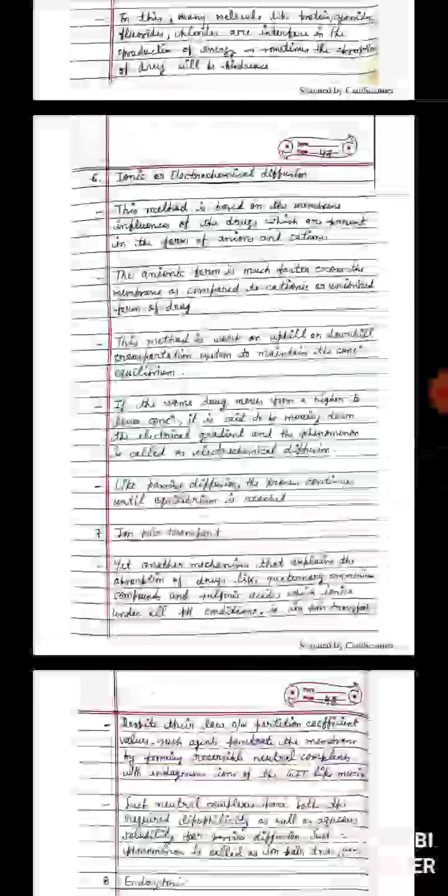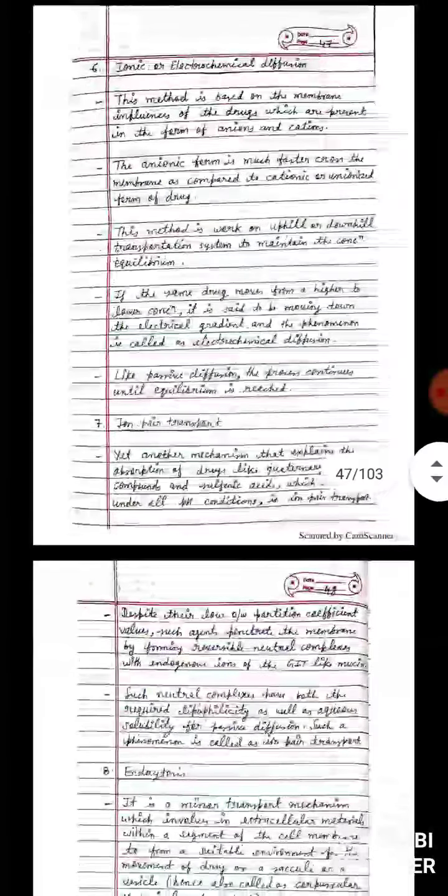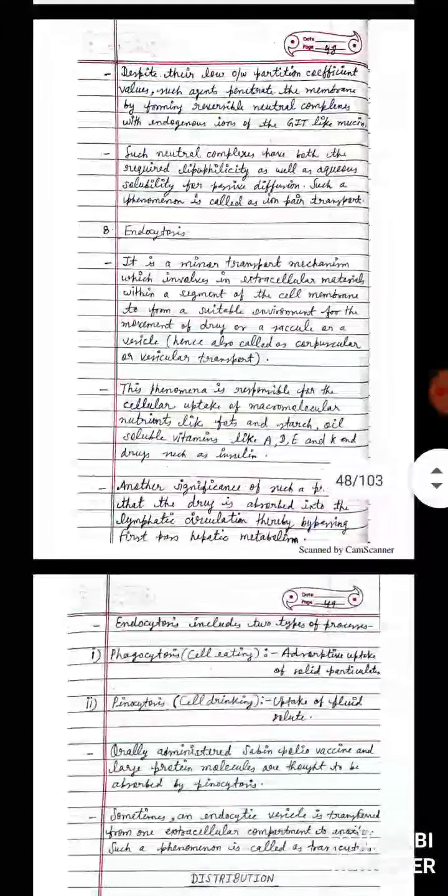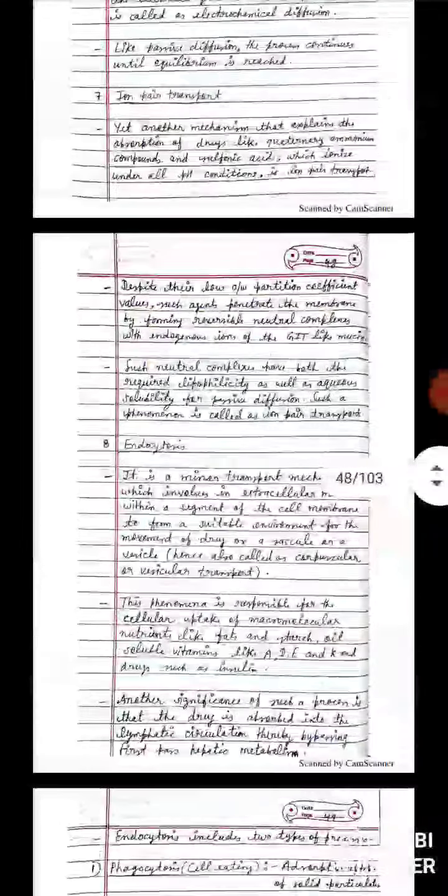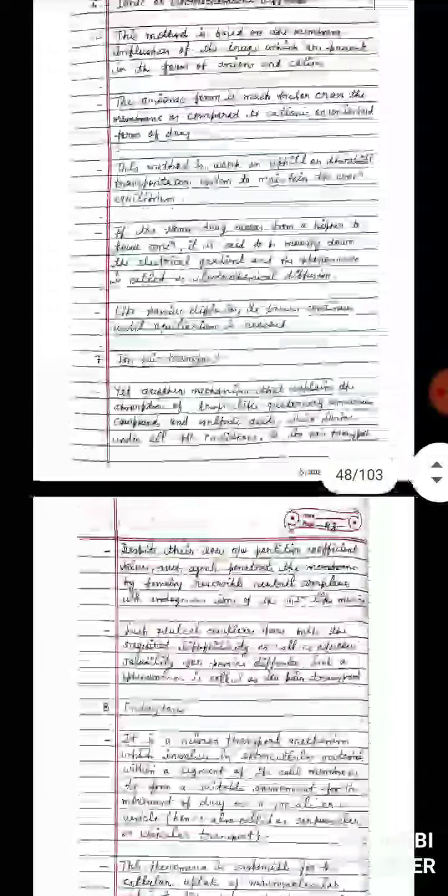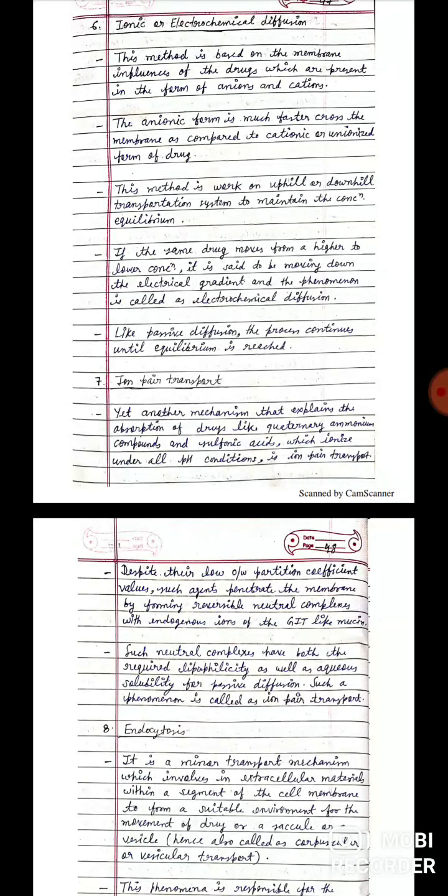Last are ion pair transport and endocytosis. Coming to ion pair transport, it is required for absorption of drugs like quaternary ammonium compounds and sulfonic acids, which ionize under all pH conditions. This is known as ion pair.